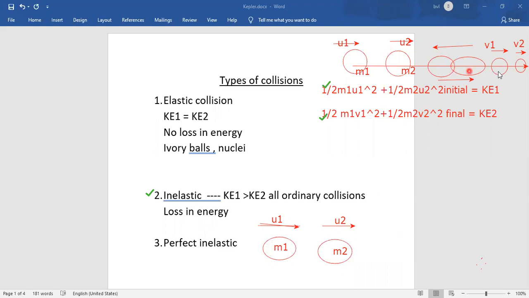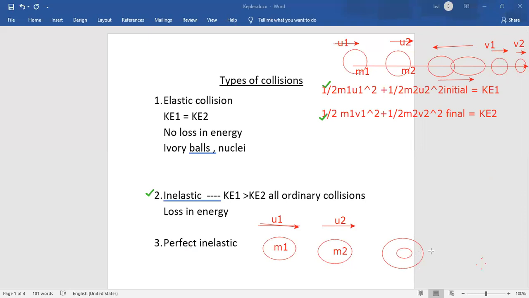In the first two types, they collide and separate. They move with different velocities. These two masses are separate. m1 and m2 are moving with different velocities v1 and v2. But in the case of perfect inelastic collision, they combine with each other like this. They collide and they stick with each other.